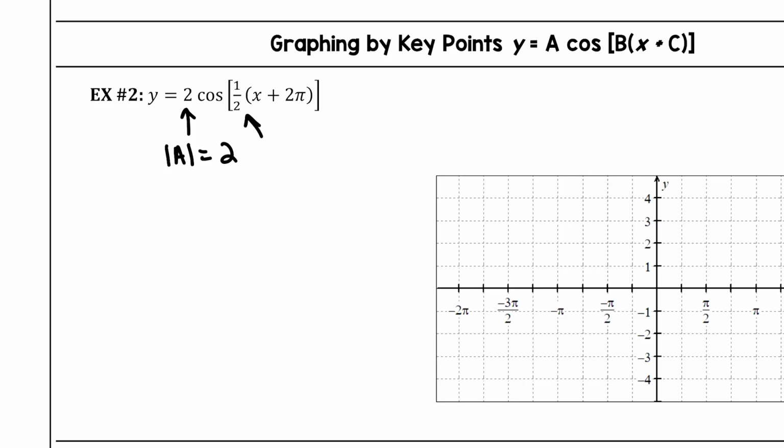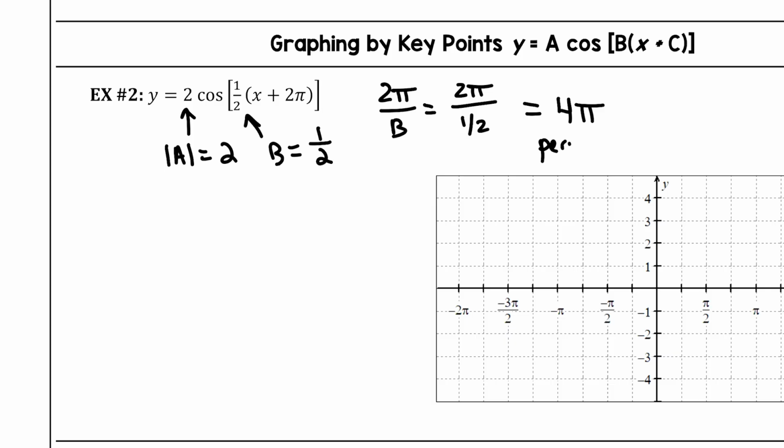We know that our b value is equal to 1/2. So 2 pi over b for our period is 2 pi divided by 1/2. Whenever you divide by a fraction, you flip it, meaning that instead of 2 pi divided by half, we'll do 2 pi times 2, which is equal to 4 pi. So that's our period.